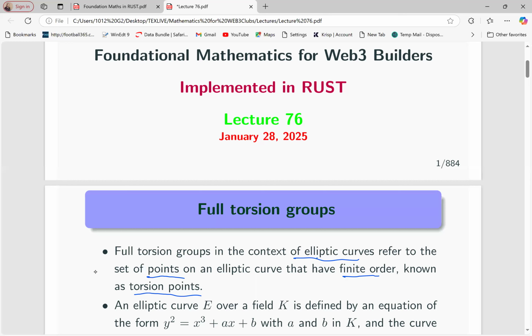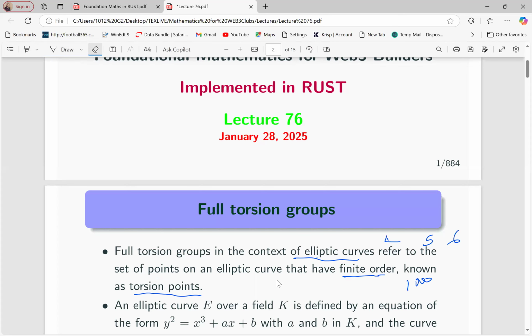Now, just a few terms to understand what this means before we formally define it. Finite order, we mean that this is an order that we can count. For example, we can say it has order 4, it has order 5, it has order 6, or 1000, and so on, so that it's not of infinite order.